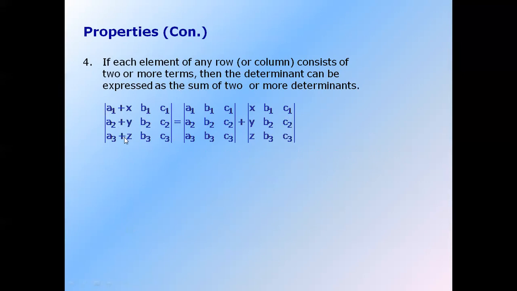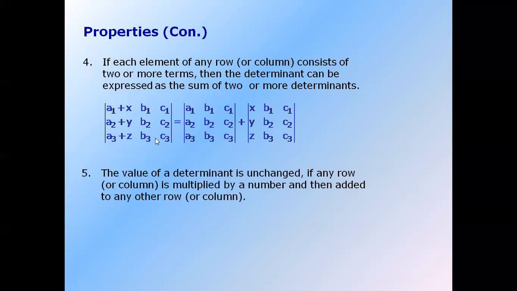Express this determinant like this, means the first column consists of a1 plus x, then separate these two terms: a1 here, then x in the second determinant, a2 here, then y in the second determinant. Same for a3 and z. The values of the other columns will be the same, b1, b2, b3, c1, c2, c3 in both determinants. Only the first column changes.